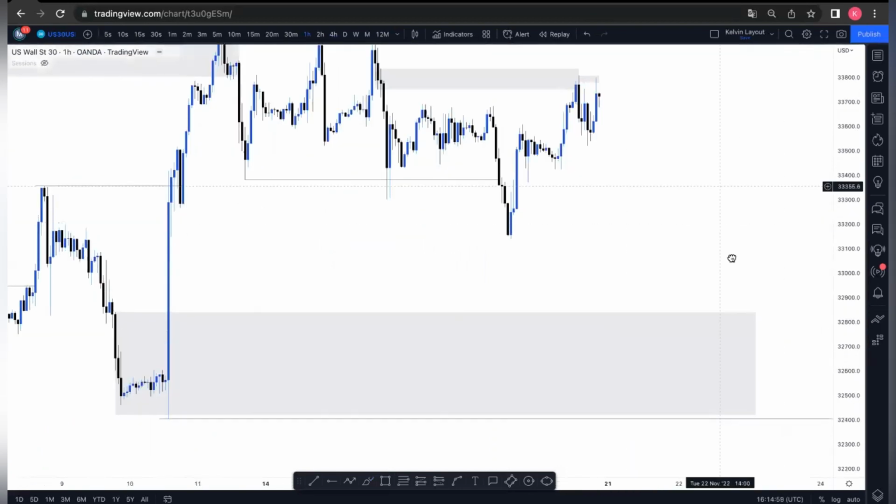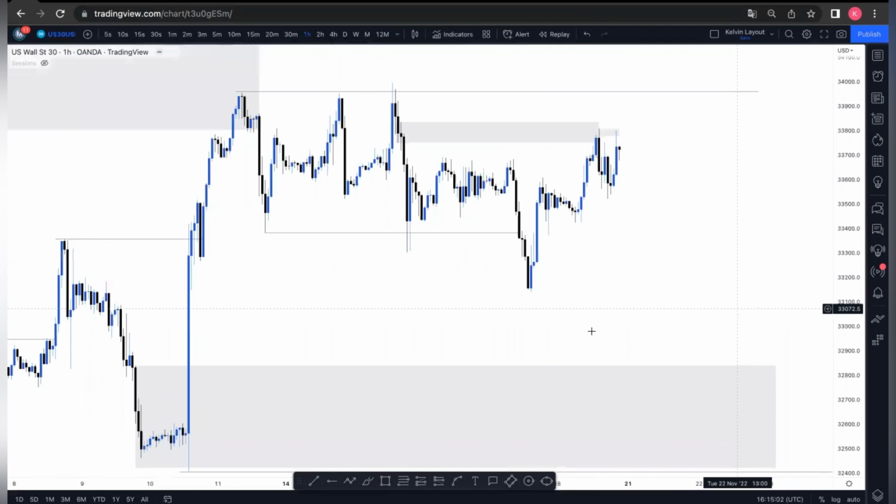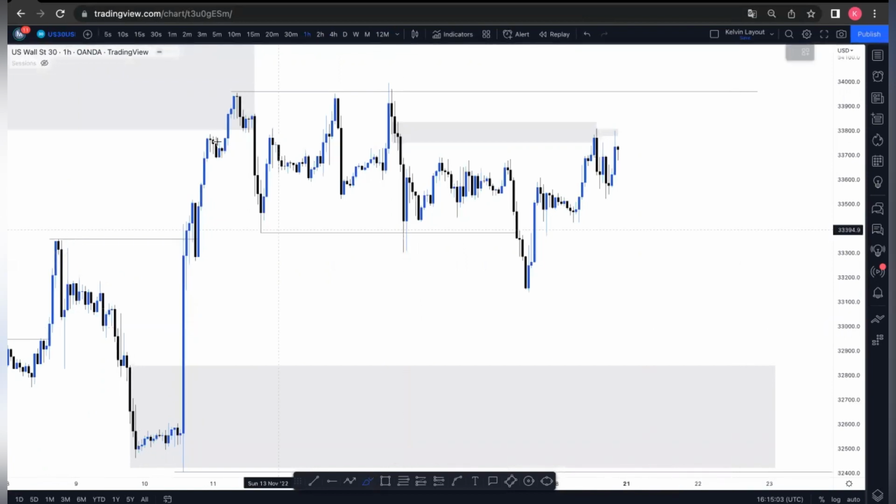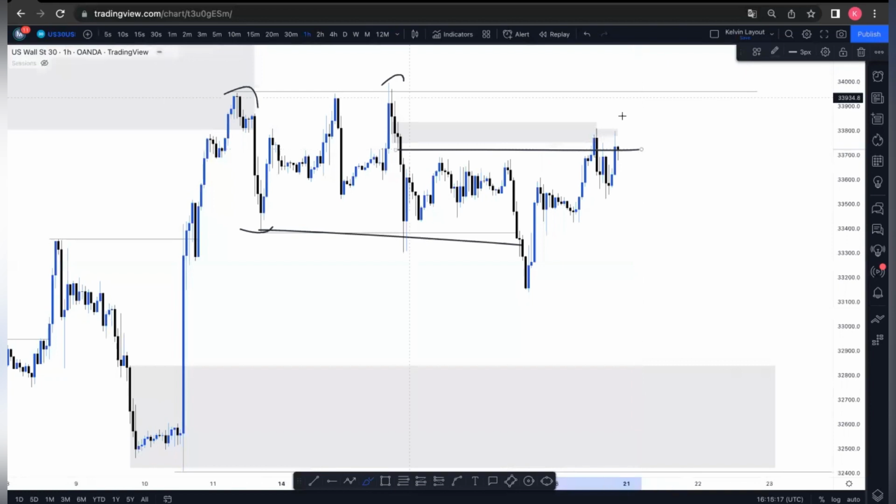Okay, let me zoom in for you guys to see clearly. We had the structure high, we had the low, then price actually gave us this high, but price failed to close above. Bullish sentiment depleted. We had a nice change of character. We have price actually coming to the extreme right here, and we're ready to see a drop to the downside.